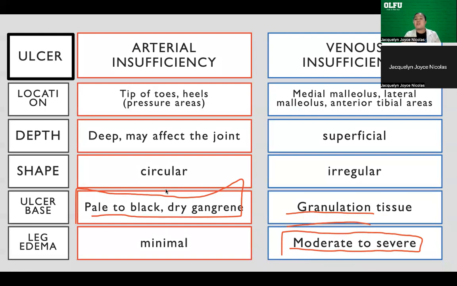Okay? Bakit? Kasi there is already third spacing. Okay, kadalasan yan kapag venous insufficiency, ang dami ng blood na nandun. So, they will try to find areas sa paligid because there's too much already in the blood vessel. So, that's why it can immediately lead to edema formation. Okay?